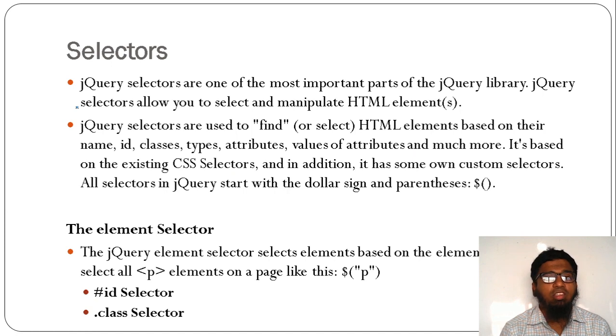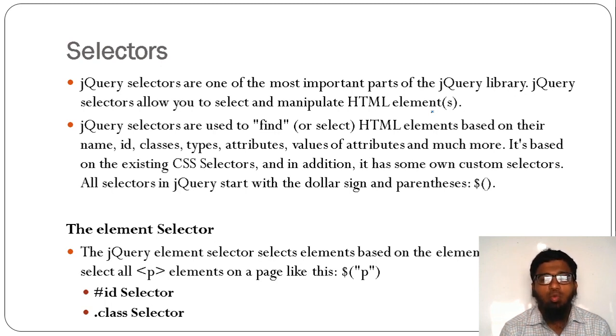In the same way you can select. The jQuery selectors are one of the most important parts of the jQuery library. jQuery selectors allow you to select and manipulate HTML elements. If you want to make any kind of change, you can change it with the help of jQuery selectors.